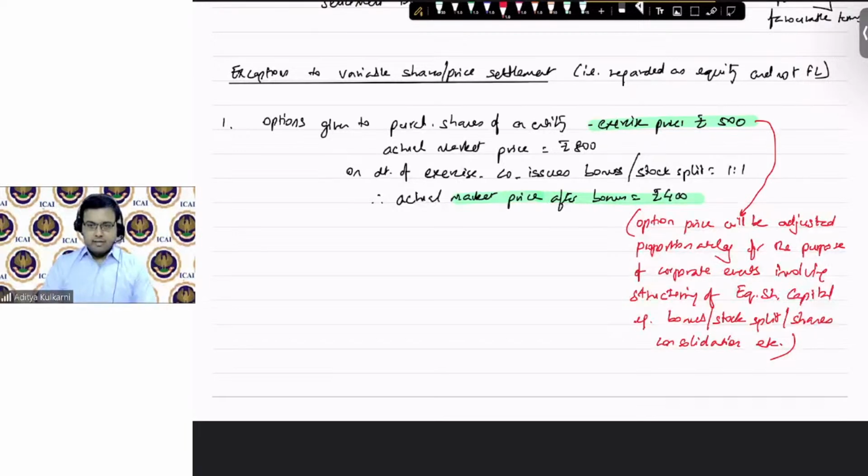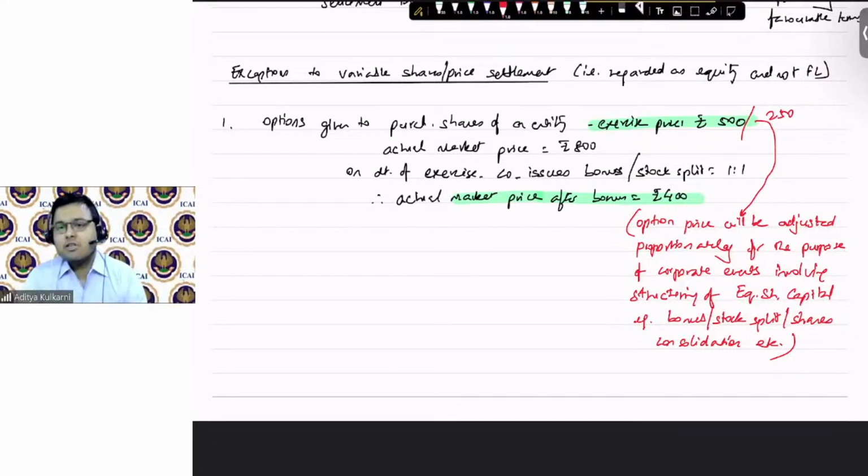So in this case, the option to purchase shares at 500 will therefore change and become 250. If this clause was not written in the contract, it would not become 250.